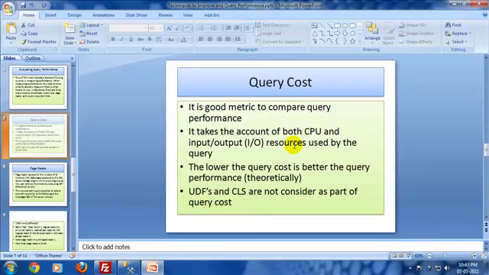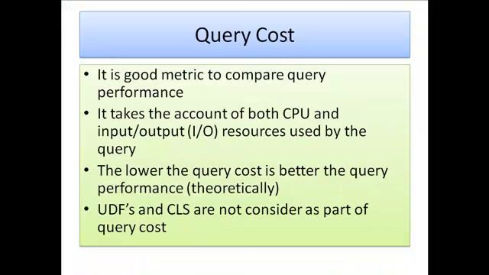Query cost is a good metric to compare query performance. It depends on CPU, IO (input output) operations and CPU response time. It means CPU resources; all these factors come into the picture when you use the query cost metric.